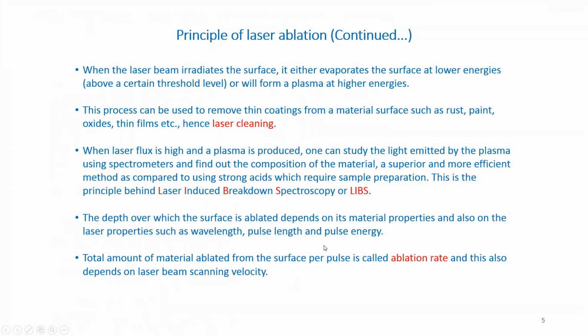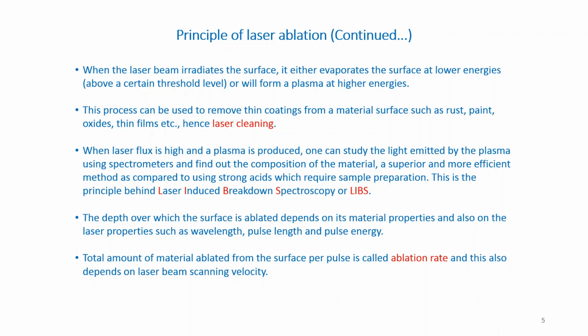Sorry about that. So it will either evaporate at lower energies or will form a plasma at higher energies. And this formation of plasma at higher energies actually is pretty useful if you want to know the chemical composition of the material. There's this technique called LIBS, L-I-B-S, which stands for laser-induced breakdown spectroscopy.